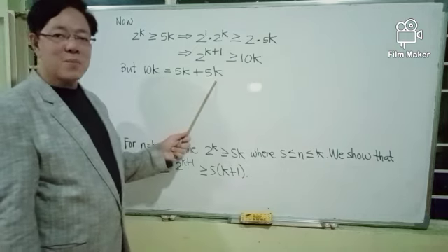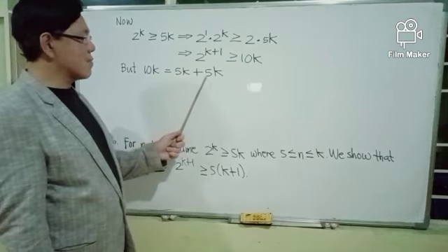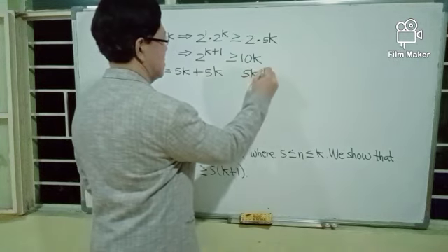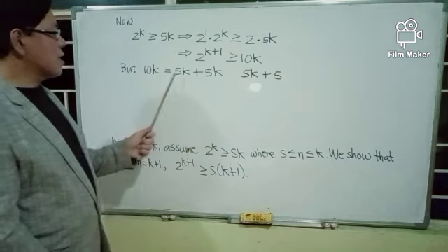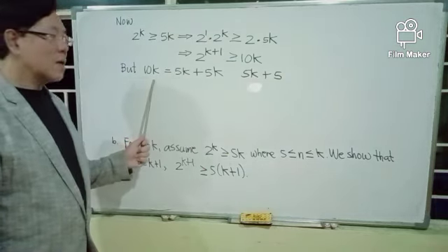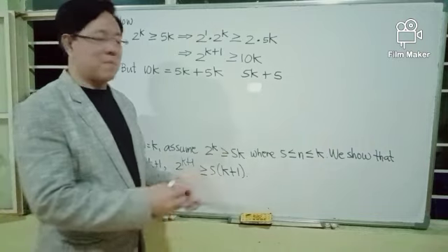Now, if I simply write 5k plus 5, then this sum 5k plus 5k, or 10k, will be strictly greater than 5k plus 5.